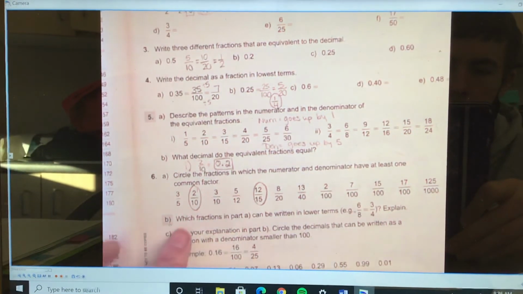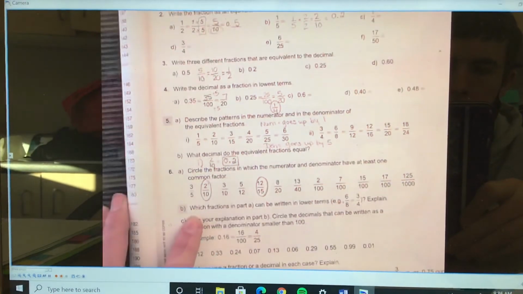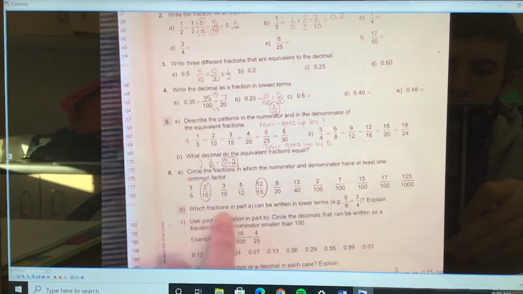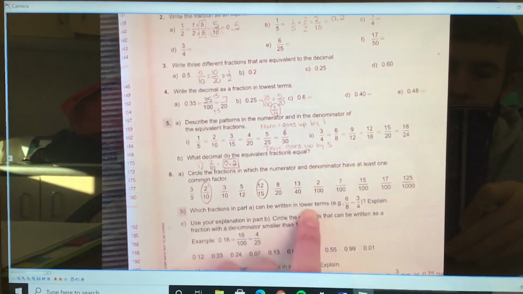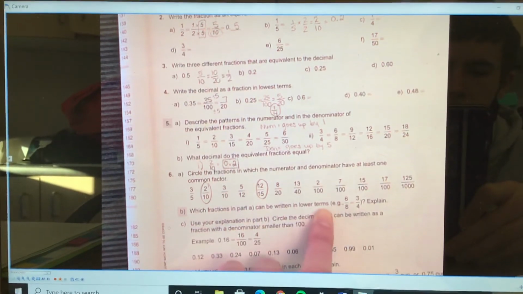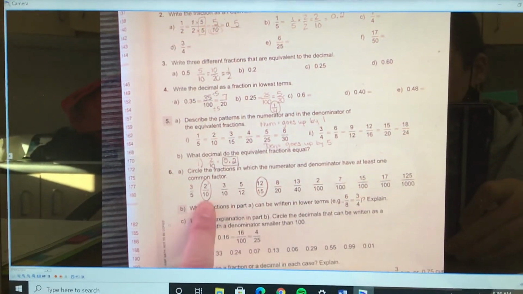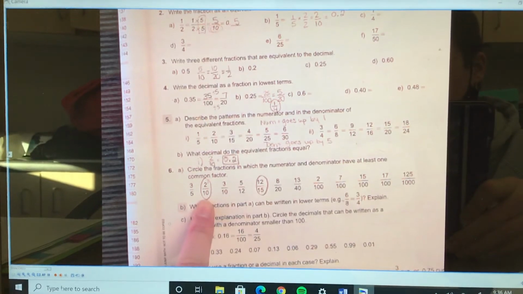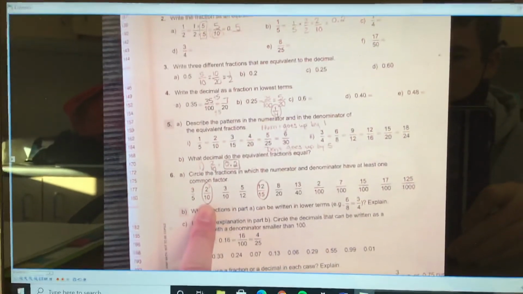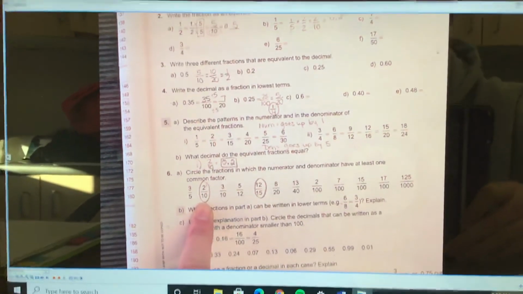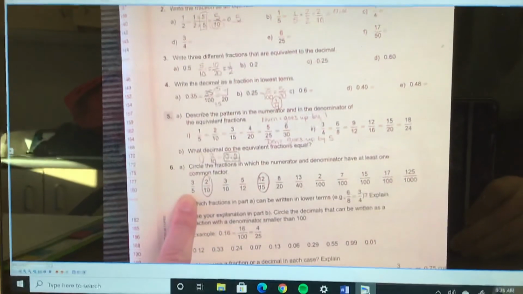Okay, in part B, we're going to say which fractions in part A can be written in lower terms. Can you divide 2 and 10 by anything? Can it be written in lower terms? Yes. Can you divide 3 and 5 by anything? Can it be written in lower terms?